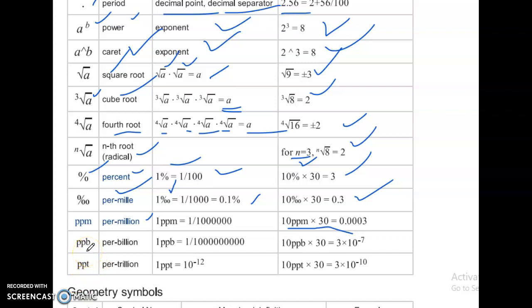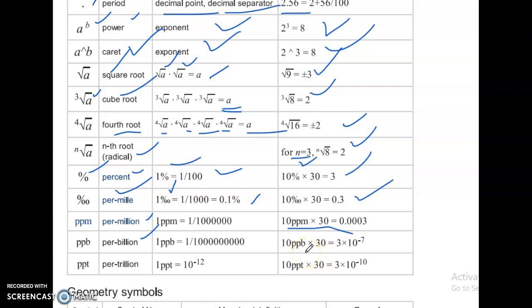ppb, per billion: 1 ppb equal to 1 divided by 1,000,000,000.